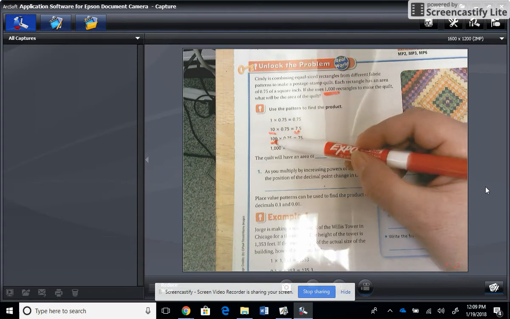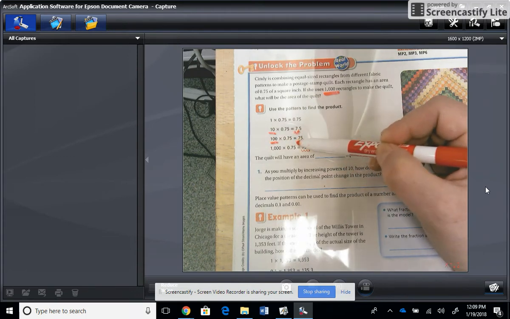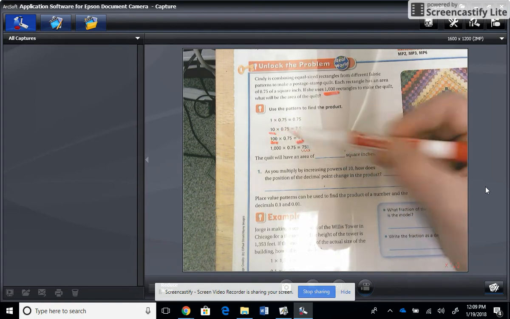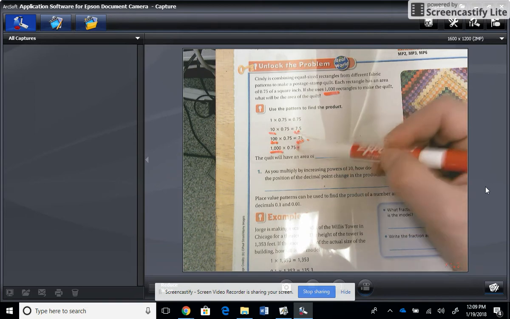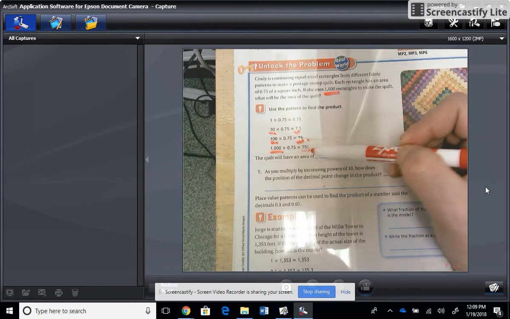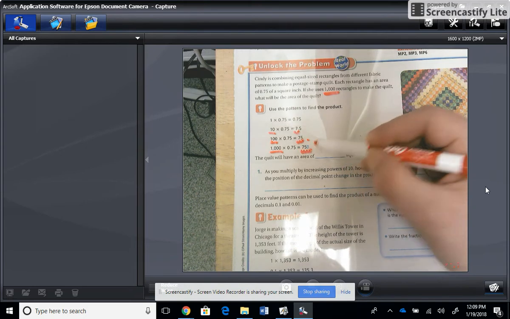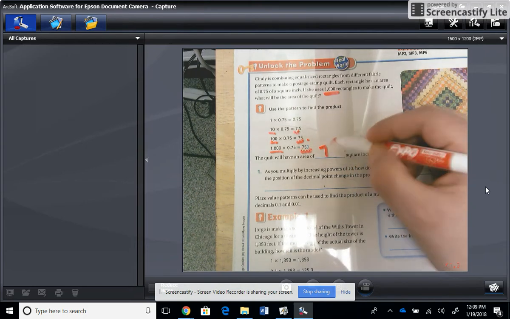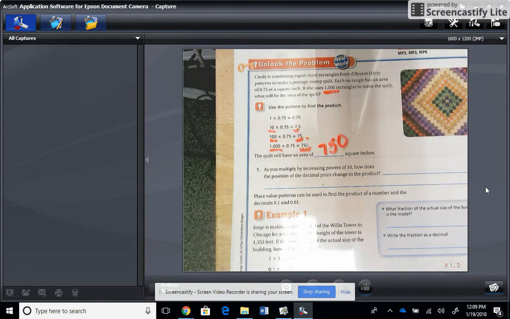If I take it times 100, times 75/100ths, my decimal moves 2 because there's 2 place values in 100, and I get 75 whole. If I take it times 1,000 times 75/100ths, I have to add a 0 to hold the place because my decimal's got to move 3 places. So now I know I'm going to have 750 square inches.